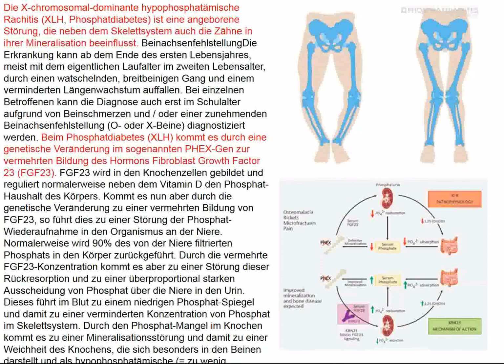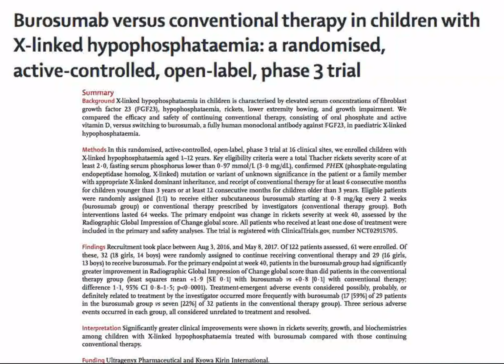And children that have phosphate diabetes get bone disease, and it's a severe problem. Now, since they have elevated levels of FGF23, because PHEX isn't regulating it properly, perhaps this would give us a therapeutic avenue. And indeed, there's an antibody, burosumab, which is directed against FGF23, and this antibody was tested in children with X-linked hypophosphatemic rickets.